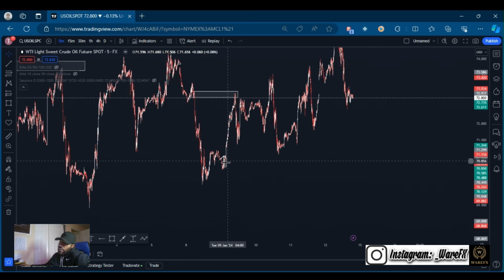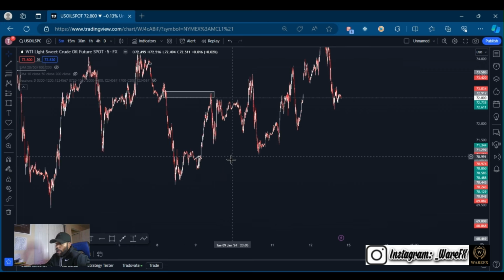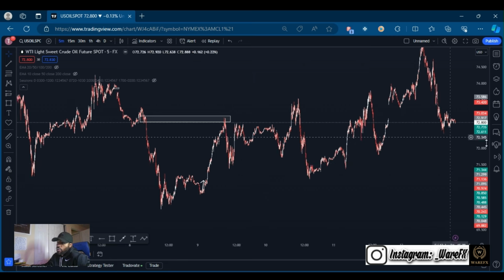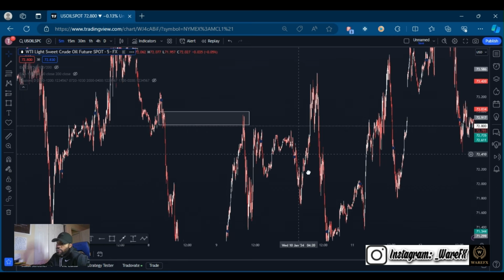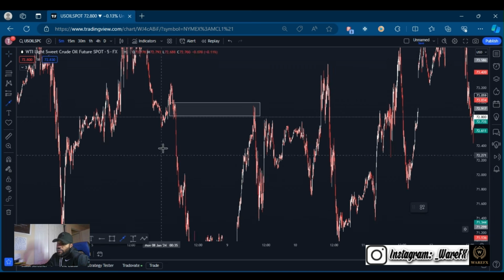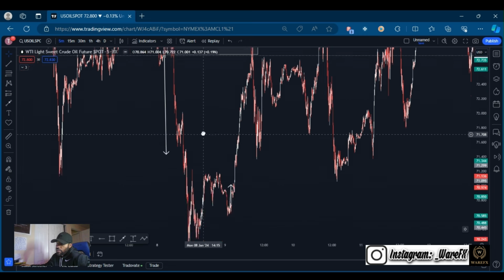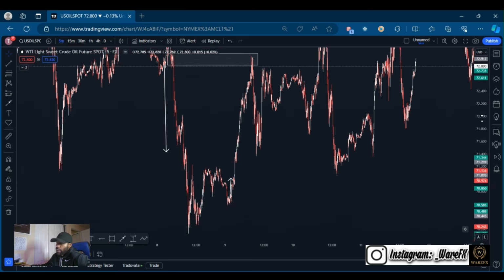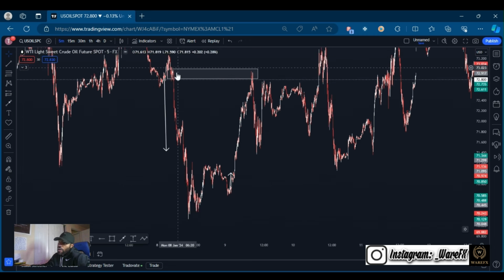Supply is heavy selling, demand is heavy buying. Okay, so right here, I'm gonna zoom in. We have heavy selling to the downside. Okay, so we're gonna mark up where that selling started from, which is right here.